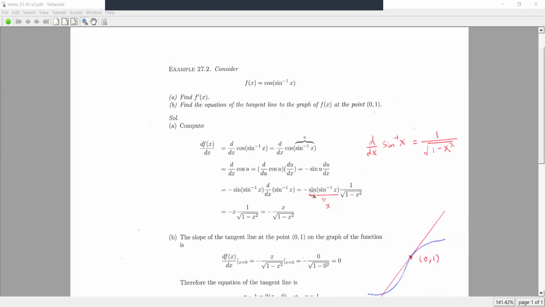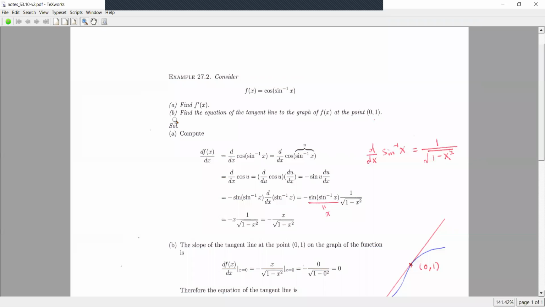Please note that sine of inverse sine of x is x, because inverse sine takes x to a point somewhere. Sine takes the point back to x. So I have this equation. Now move x to the top, then I have this equation. This is the result of the derivative of function f.